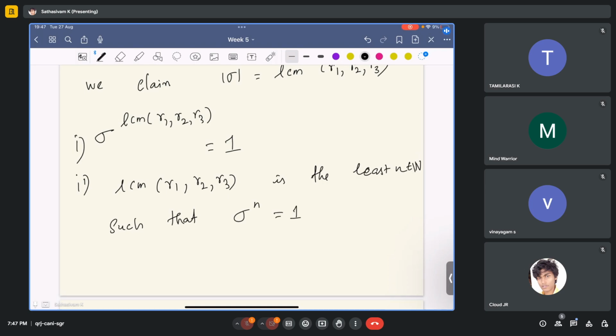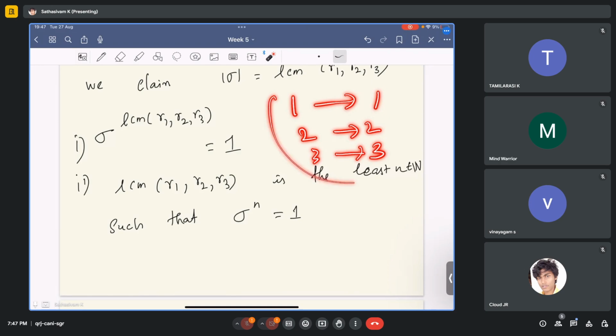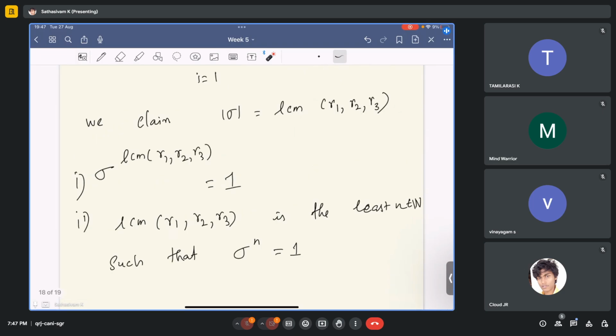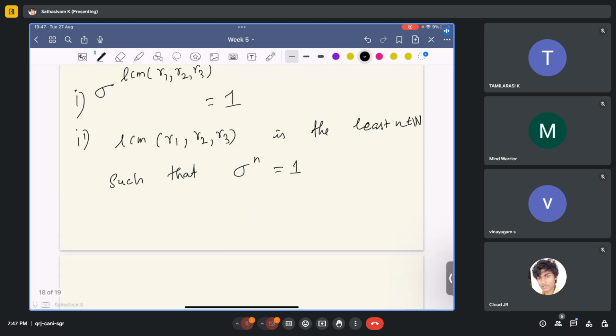In that case, 1 is the identity. Identity is basically the permutation which takes the element to itself. For example, 1 goes to 1, 2 goes to 2, 3 goes to 3, etc. So this is the identity permutation. When I write 1 here, it means identity permutation. So let's prove one by one. Let's prove the first step.